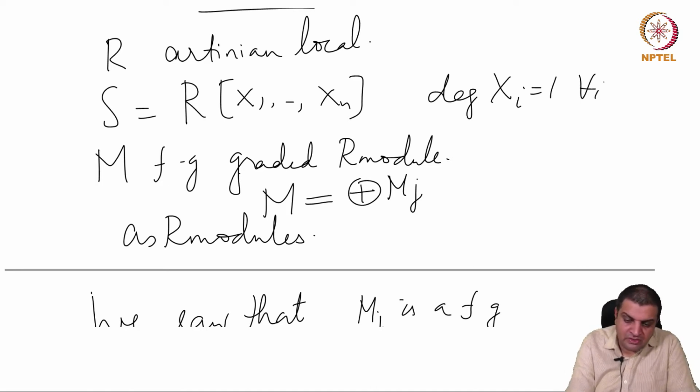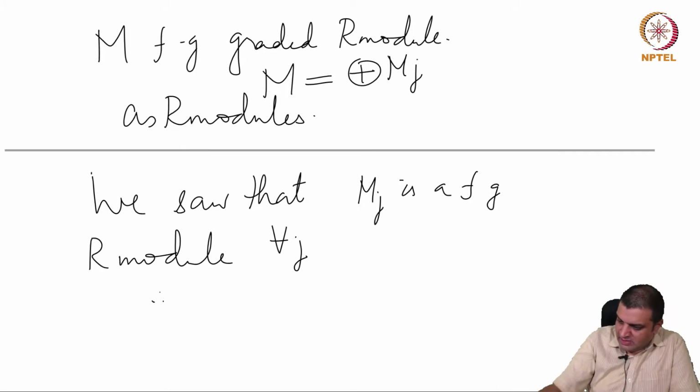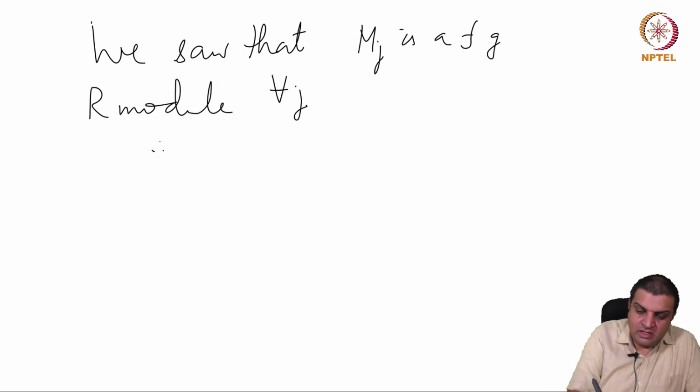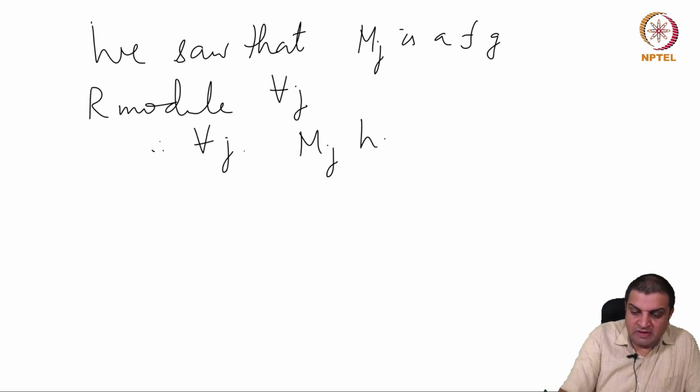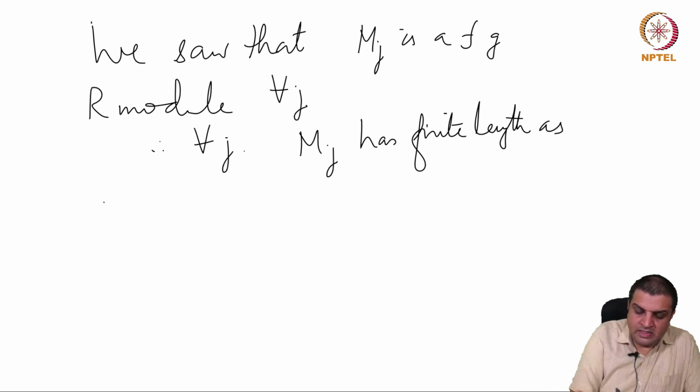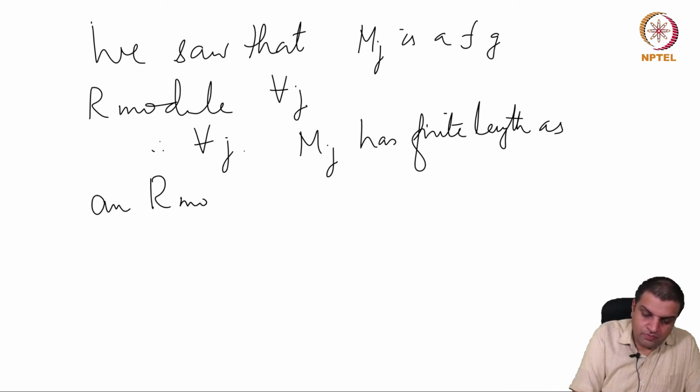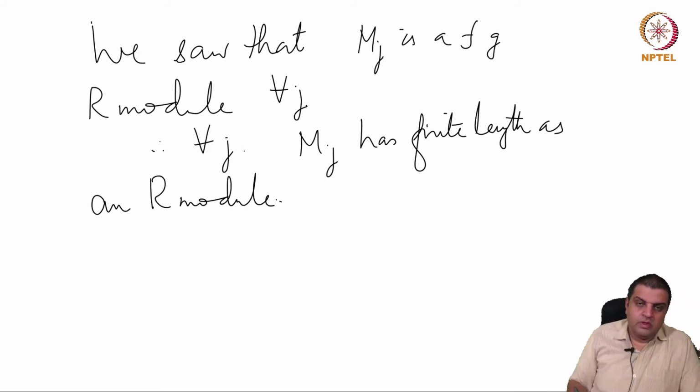For M to be Noetherian with this hypothesis, S has to be Noetherian, for which all that we need is R is Noetherian. So we have not yet used that R is Artinian. So here we set that up. Therefore, for all j, M_j has finite length as an R module.